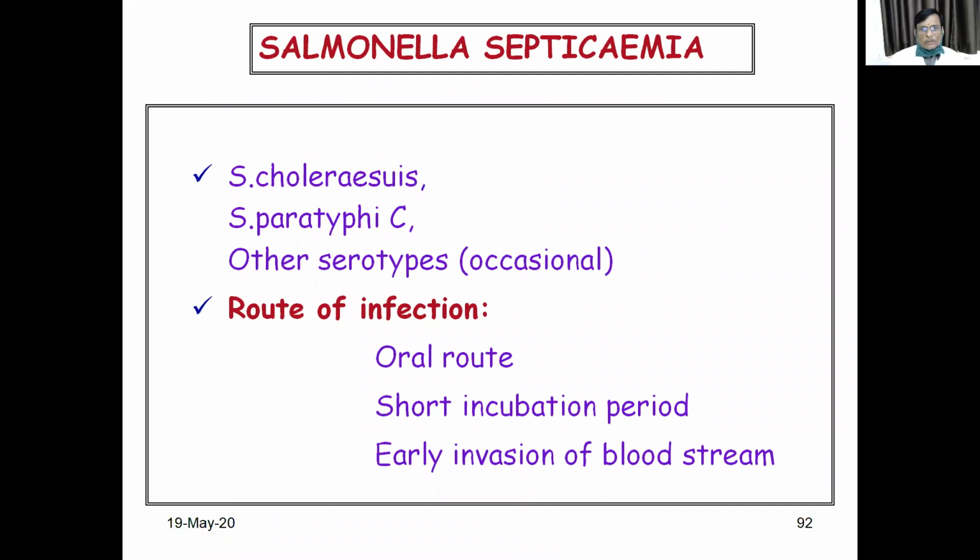Coming to Salmonella septicemia, Salmonella choleraesuis, Salmonella paratyphi and other serotypes occasionally cause Salmonella septicemia. You know septicemia, the definition: because blood is 100% sterile, any organism entering, even one organism entering into blood, it is called infection.